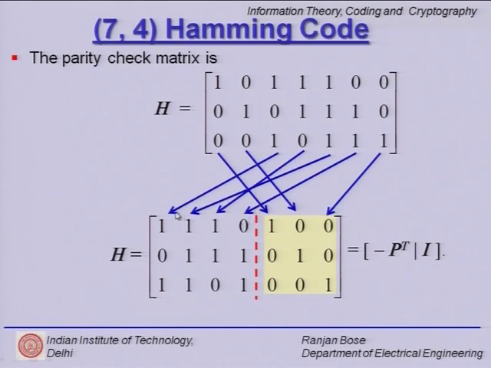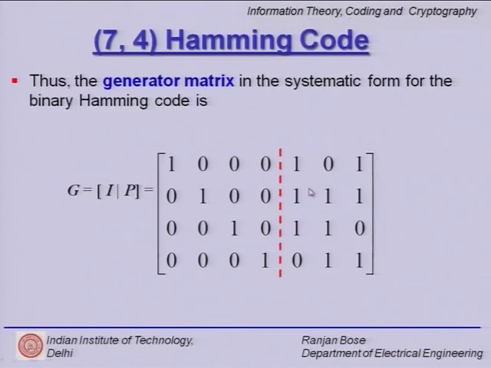So, all you need to do is take this portion and put a transpose of it, and precede it with an I. So, I have got this identity matrix 4 cross 4 and this is the transpose of that P transpose, which gives me the P matrix, and I have a quick rendering of the generator matrix in a systematic form for the binary 7 comma 4 Hamming code. This is your parity matrix and this is the I matrix.